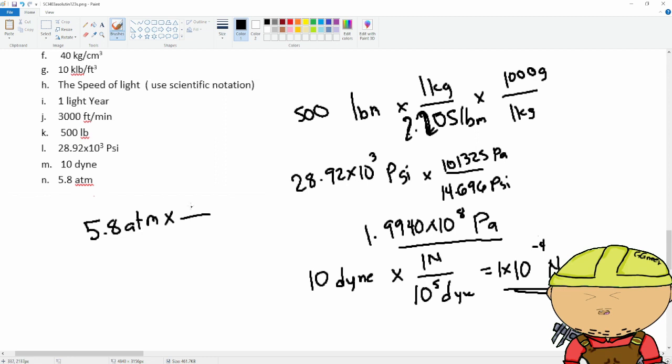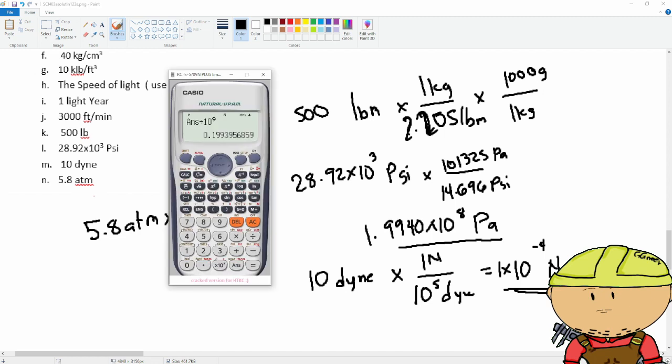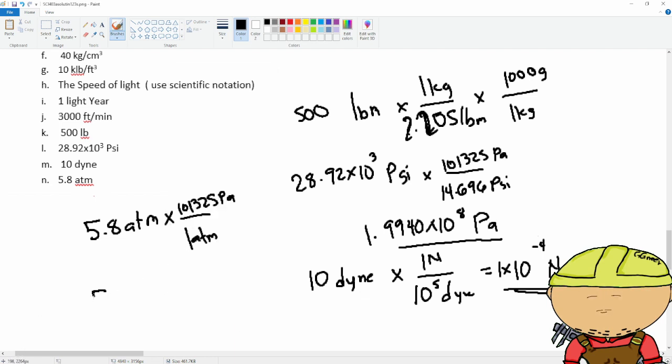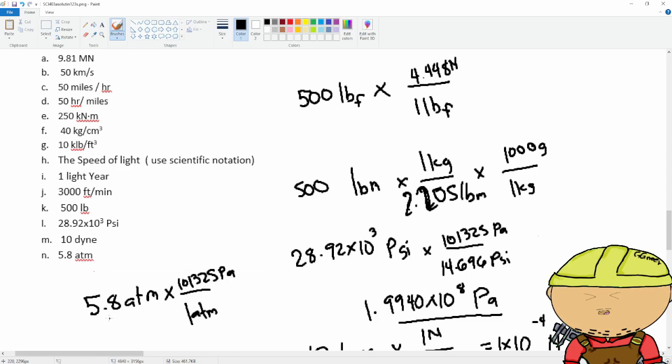Sometimes they use PSI, but it depends on the source. 1 ATM is 101,325 Pascal. 5.8 times 101,325 is 587,685 Pascal, and that is already the non-prefix metric system or SI unit for pressure. So we solved that.